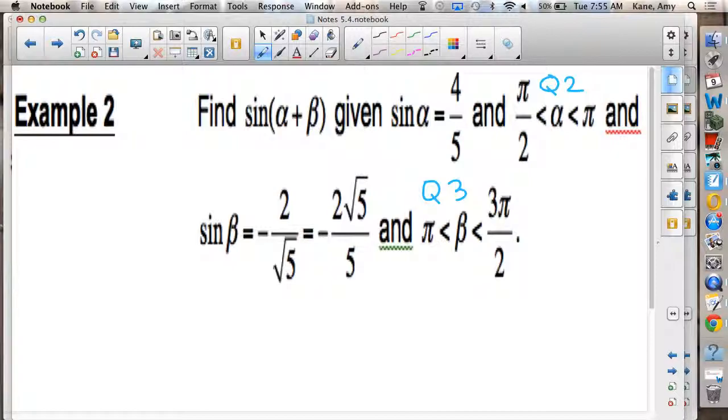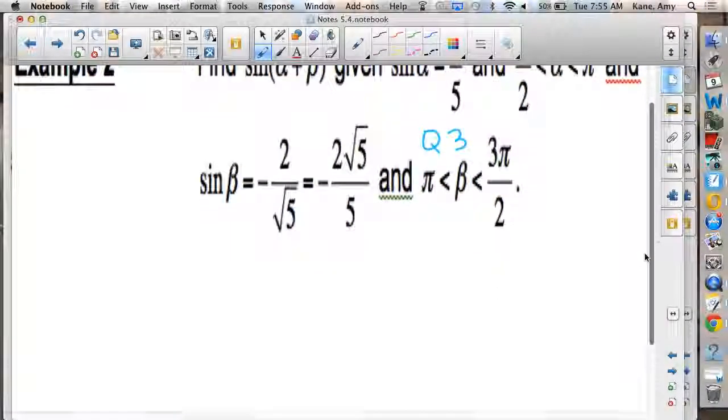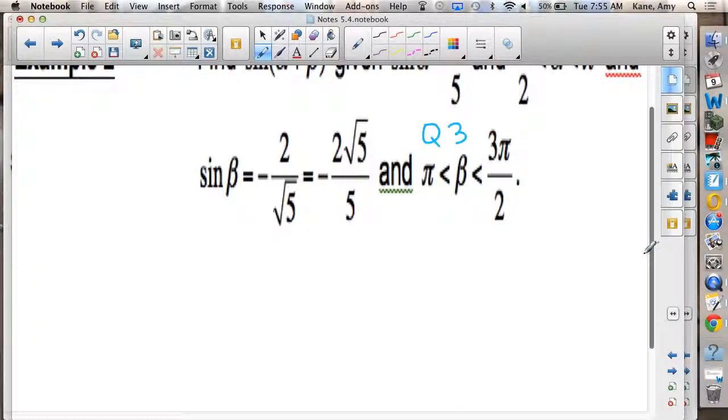So when you have a value that sine, cosine, or tangent is equal to, and it's not on the unit circle, like this number 4 over 5, which is not a value sine takes on the unit circle. Sine is 1/2, the square root of 3 over 2, the square root of 2 over 2, or 1 or 0. Those are the only values for sine. So when it's not on the unit circle, the only other option that you have is to make a triangle.